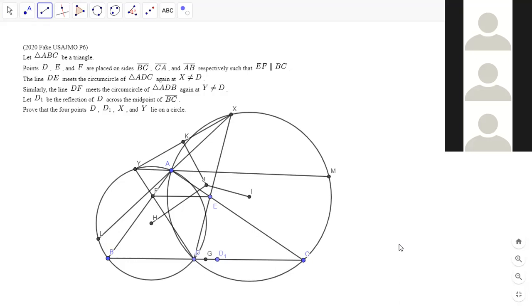AHI is similar to ABC. That's because AHB is similar to AIC, and that's just an angle chase, yeah. Interesting. So AHI is similar to ABC.